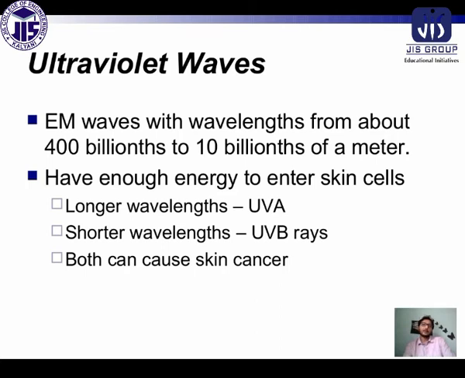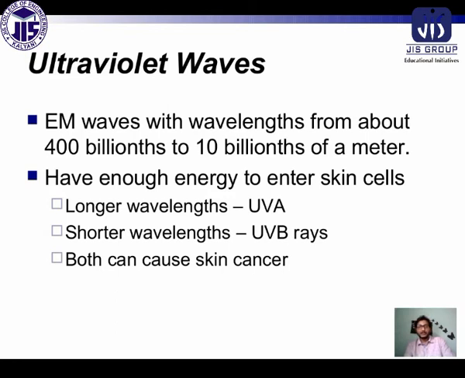These electromagnetic waves with wavelengths from about 400 billionths to 10 billionths of a meter have enough energy to enter the skin cells. So it means that based on the wavelength they have different frequencies, and we know E equals h nu.